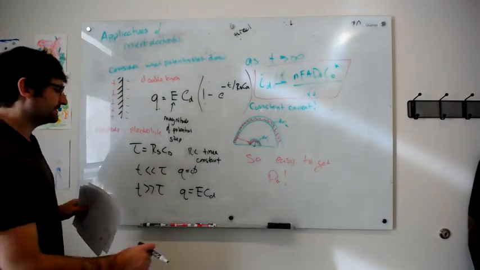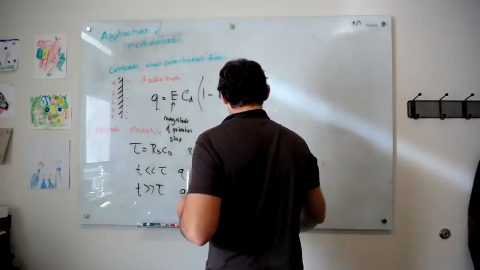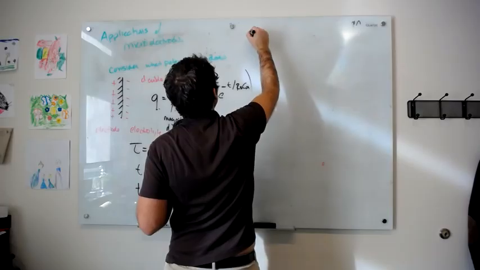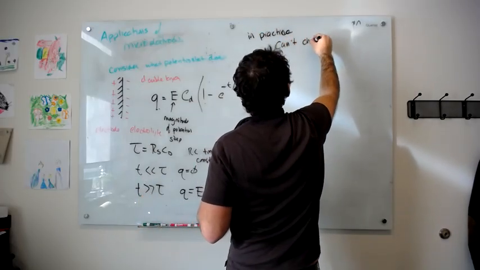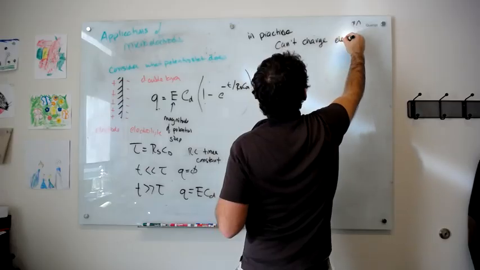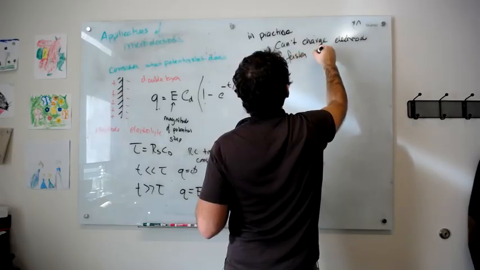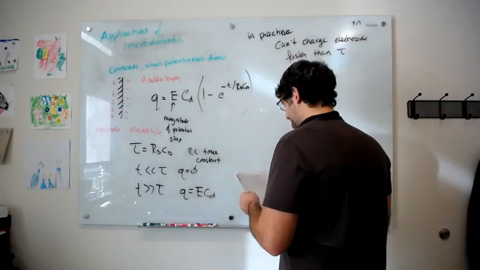So in practice, just something you should consider when doing fast electrochemical experiments, you can't charge the electrode faster than the time constant for your cell, tau.